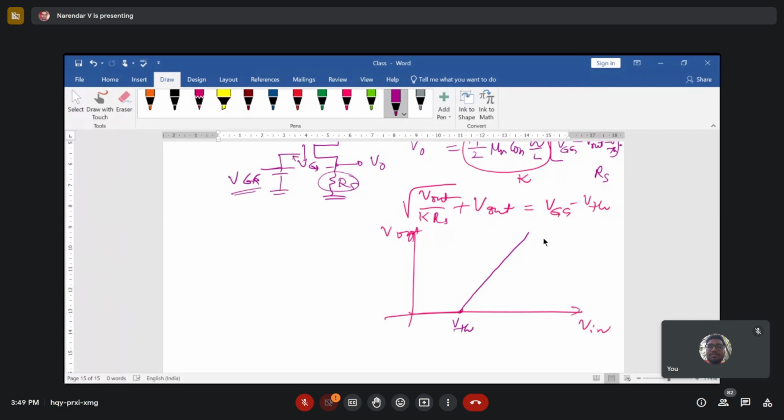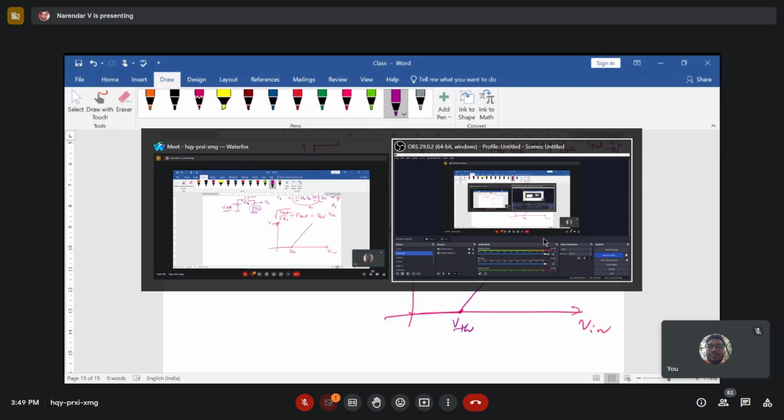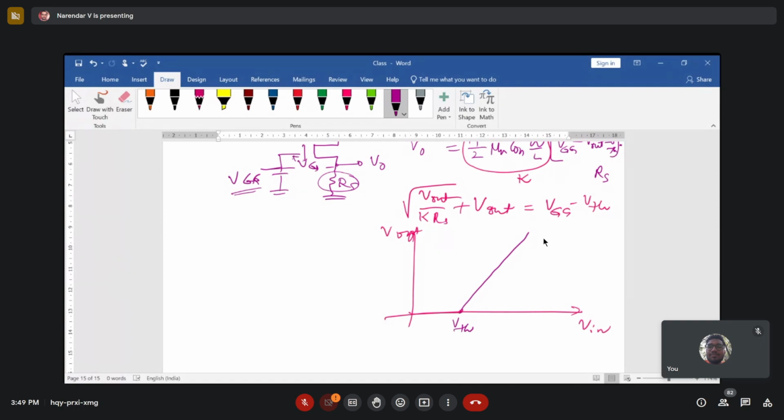Now you make the small signal equivalent for this circuitry, and then analyze it for gain calculations. So V input is VGS plus V out.